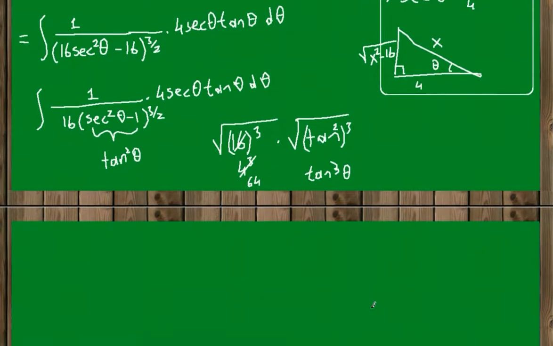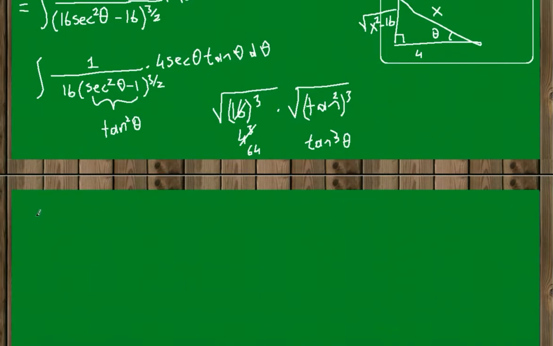So let's write it better. Integral of 1 over 64 tangent cubed theta, and we have 4 times secant theta tangent theta d theta.